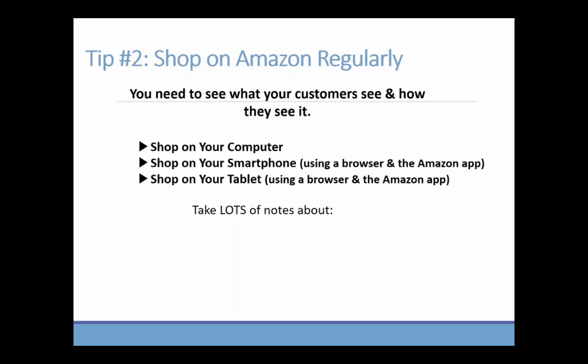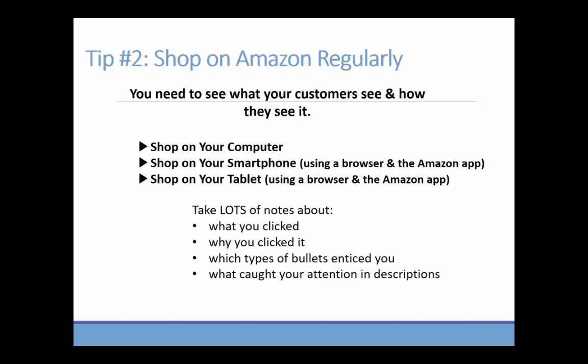And take a lot of notes about what you clicked, why you clicked it, which types of bullets enticed you while you were shopping for whatever it is you were looking for, and what caught your attention in the description. Because chances are, if you would be interested in those things, others will be too. So knowing what impresses you, paying attention to what causes you to take action will give you a good indication of what you can include in your own listings to cause other people to take action.